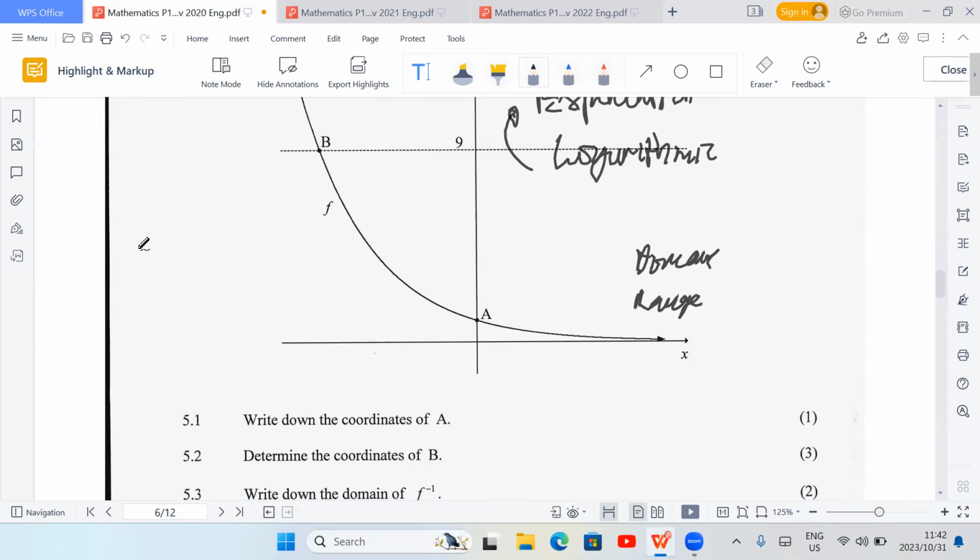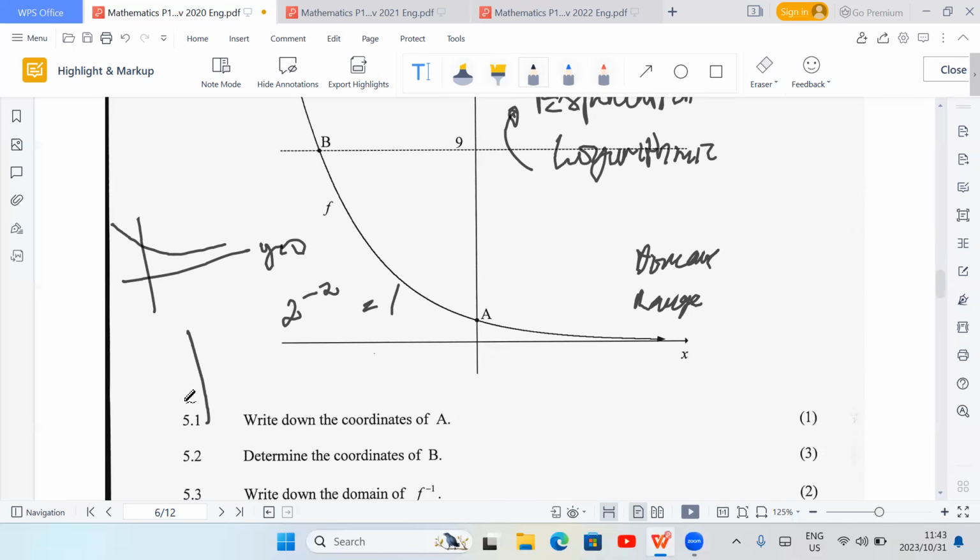With the exponential graph, if I can just draw the original graph, the asymptote is always this line here, which is y equals 0, because with exponential graphs you can never have a negative output. Even if you say 2 to the exponent of -2, the resulting answer cannot be negative. So it is always positive. Hence, you see the original graph is always above the x-axis.